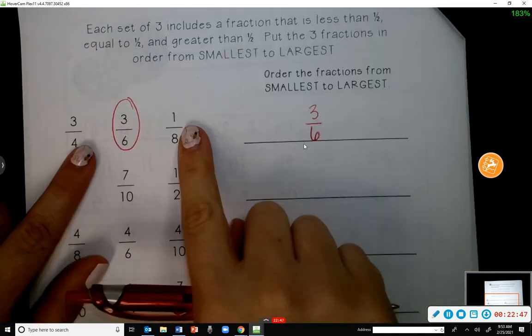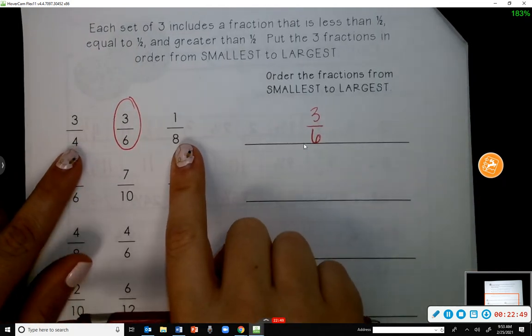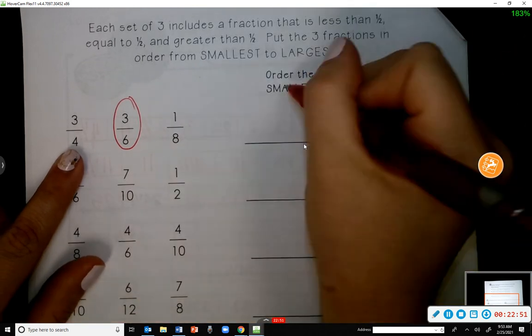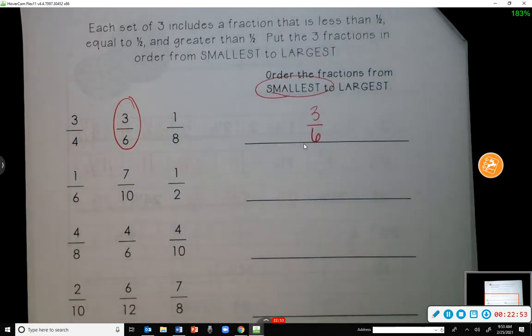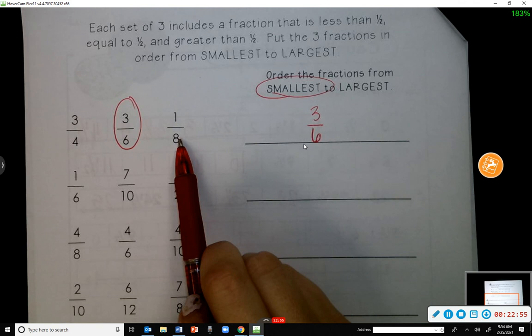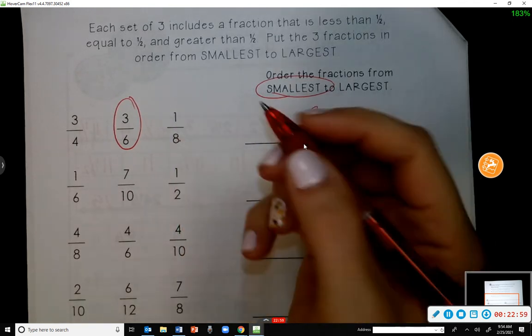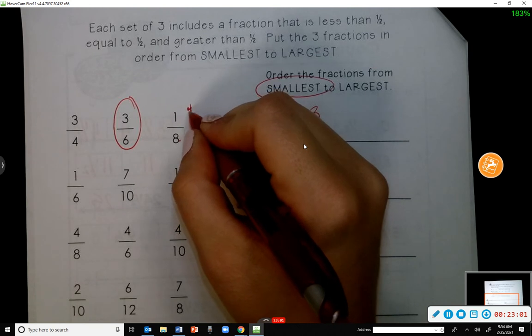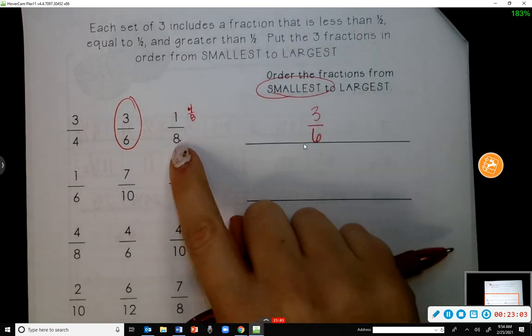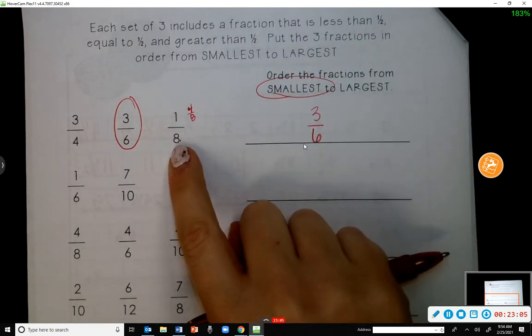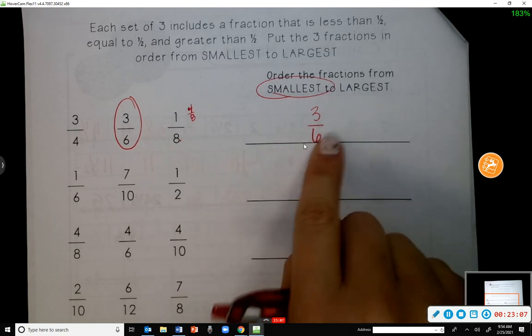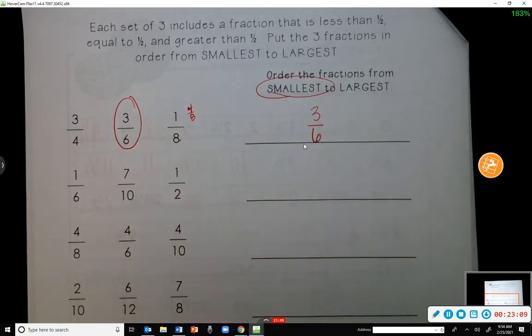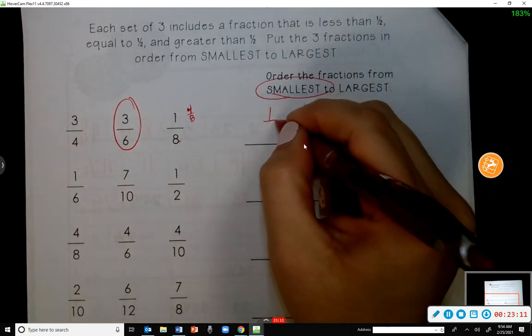Now these two left, one has to be the largest and one has to be the smallest. We want to find the smallest first. Okay? If I look at this, I'm going to say to myself, 4/8 equals 1/2. So 1/8 has to be less than or greater than 1/2? Less than. So this needs to be first.